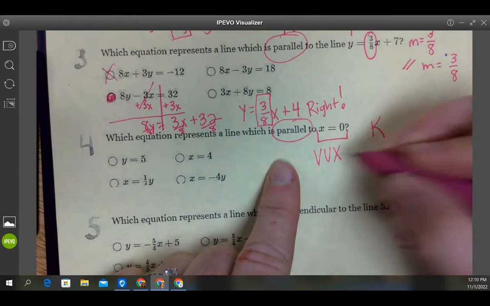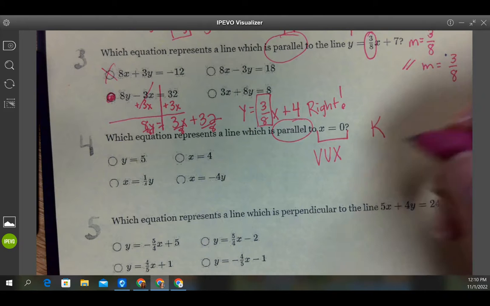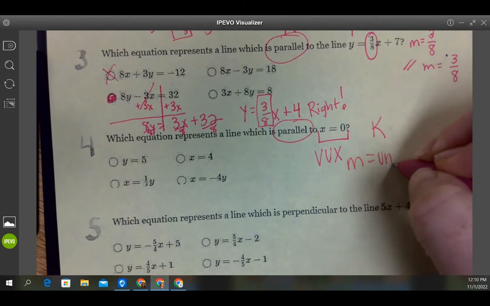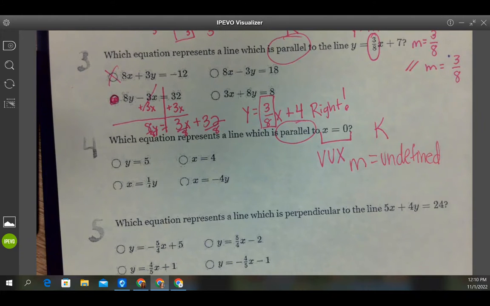Remember, if it's x equals, it's bucks. X equals 0. It's an undefined slope. So you want to find the one that's also undefined.